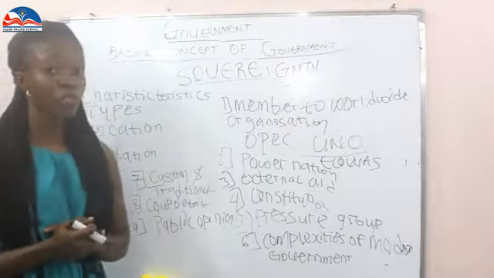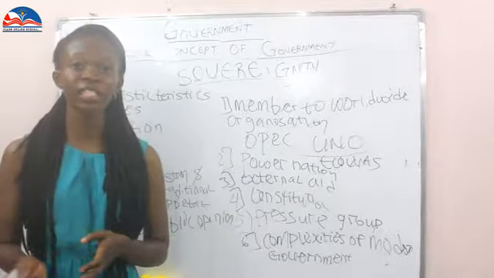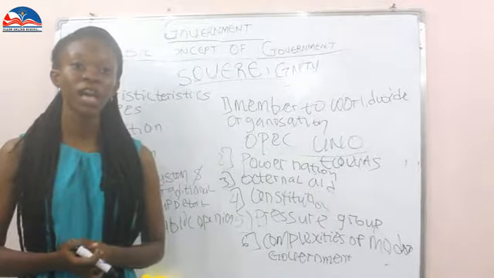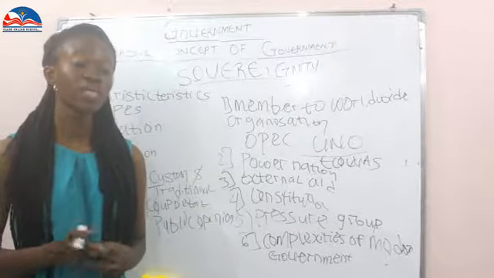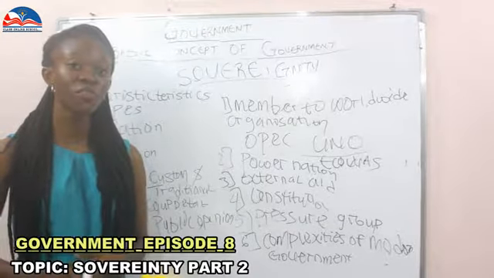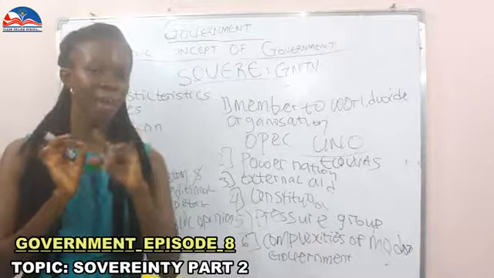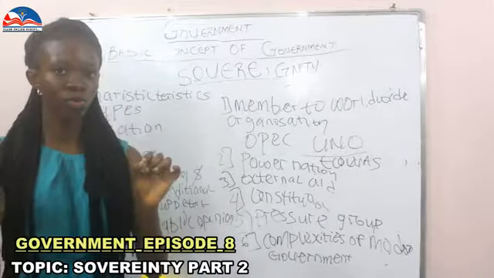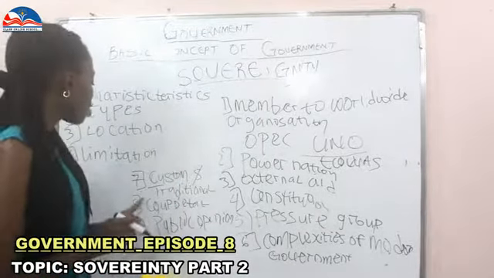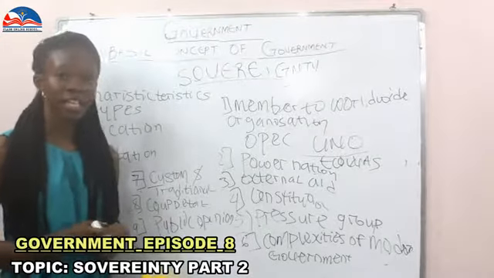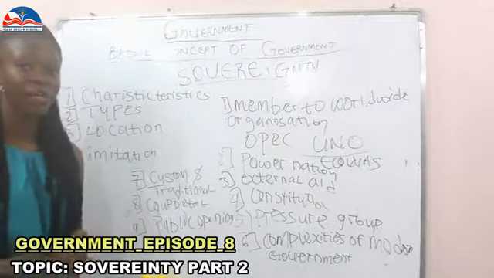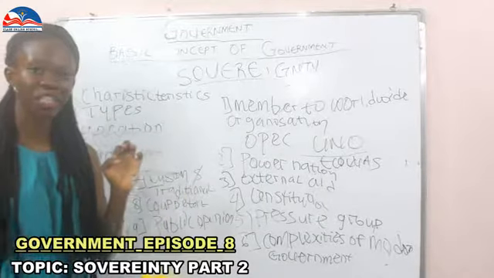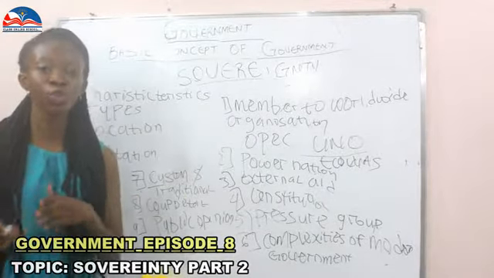Then 7, I said custom and tradition are first considered before laws are made, which also makes sovereignty to be what? Limited, because sovereignty is supposed to be absolute. Mind that picture, absolute. It's where the final say is. Then 8, coup d'etat is another limitation, because during that time the constitution is what? Suspended. When I mean suspended, it's not used.